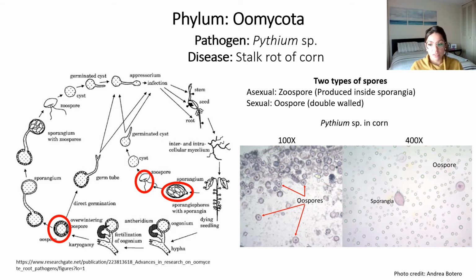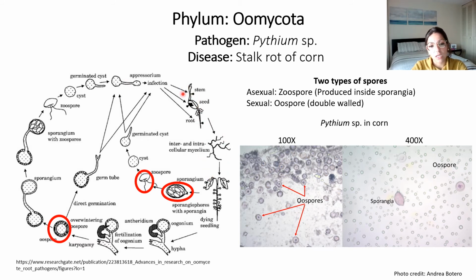So how is the disease cycle for the oomycetes? To begin, we have an oospore, which is the sexual spore of the pathogen, which germinates and produces a sporangium. This sporangium produces zoospores, which are released, and they produce cysts, which germinate, then form an appressorium, and infect the plant.